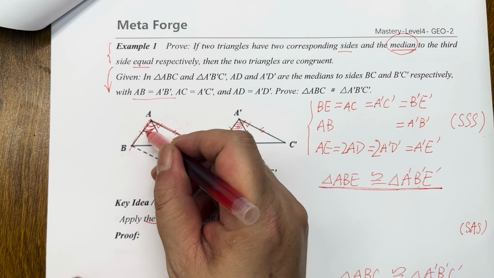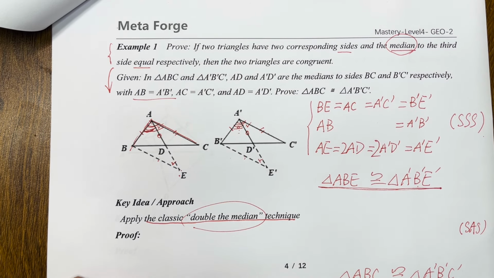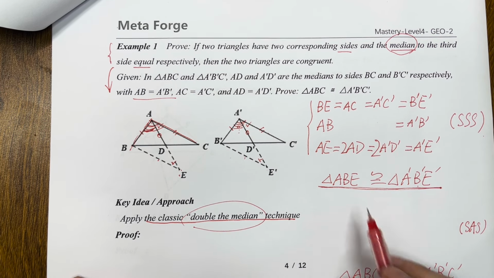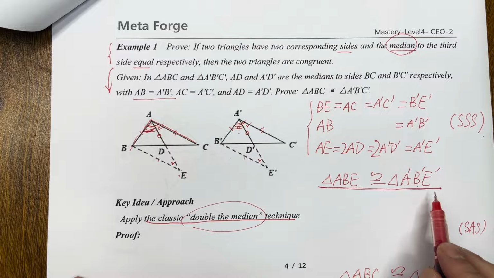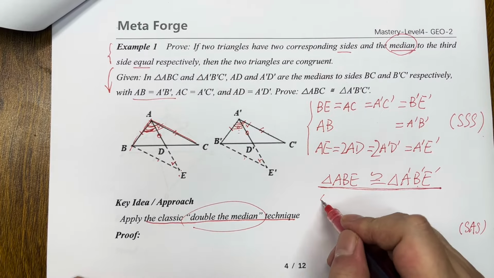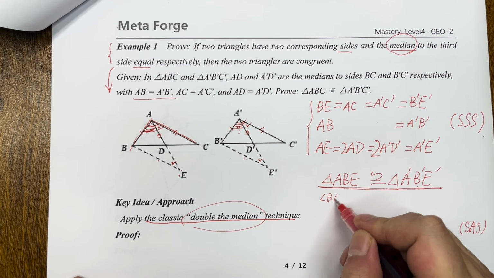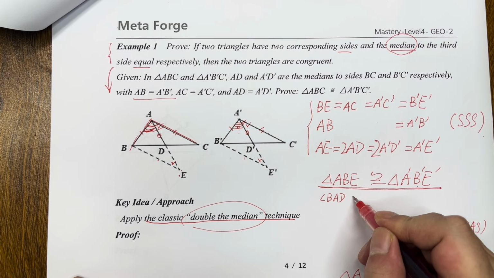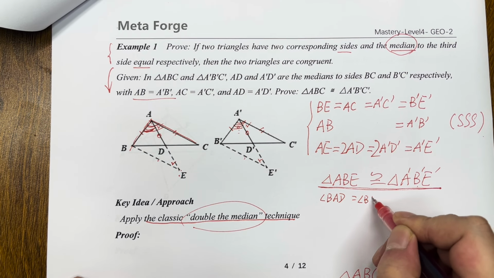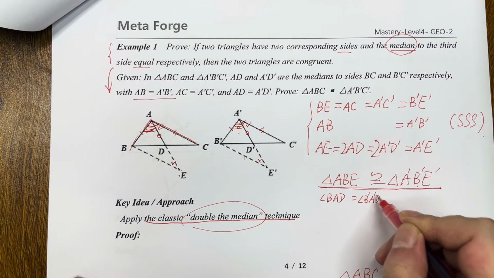These two angles combined, the equation still works. Because the two triangles are congruent, angle BAD equals angle B prime A prime D prime.